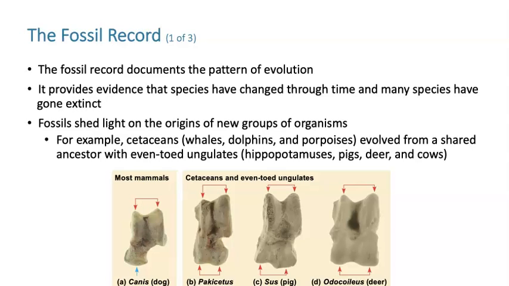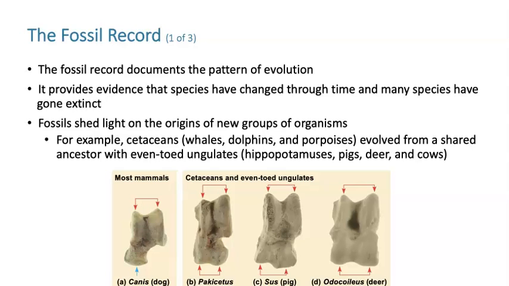Now, we already talked a little bit about the relatives of cetaceans above when we were talking about manatees. So another branch off of that group are the whales, dolphins, and porpoises. These cetaceans evolved from a common ancestor that includes the even-toed ungulates.